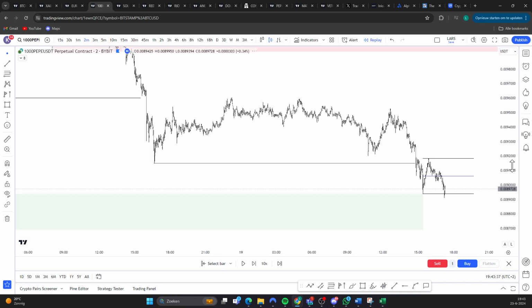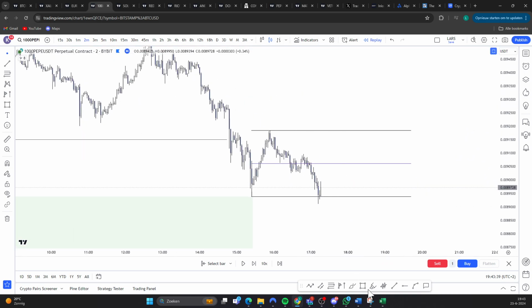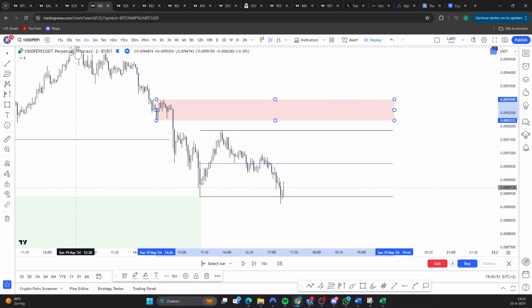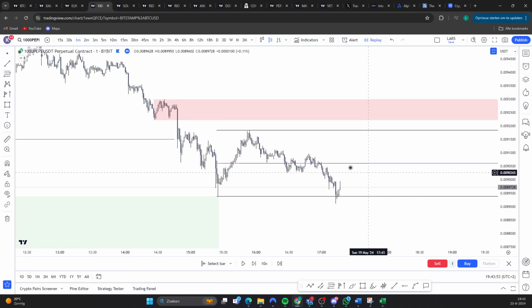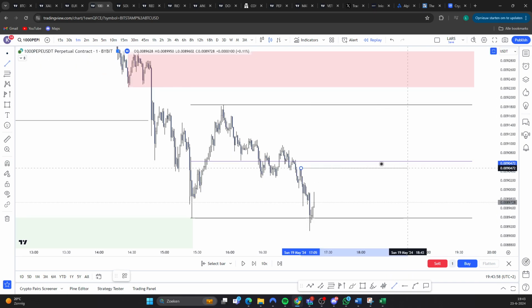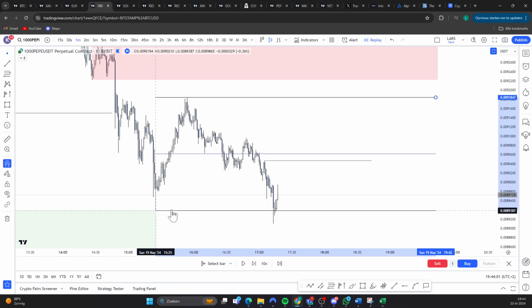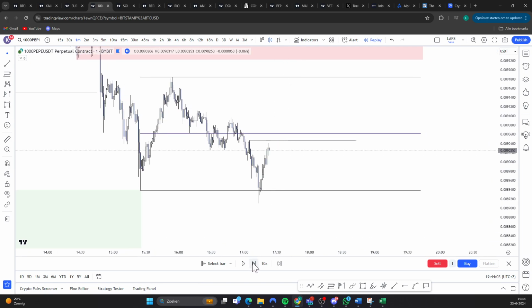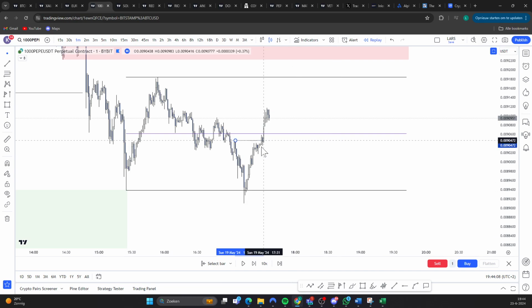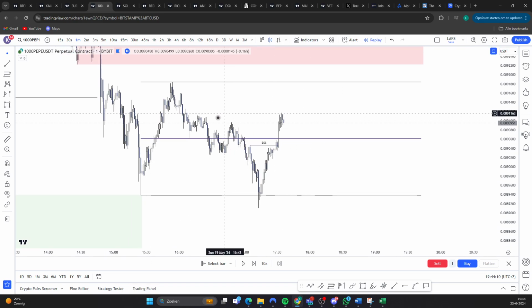Potential PO3 and PO3. Shouldn't get crazier. We don't have proper structure from the top down until that high. There's your break.